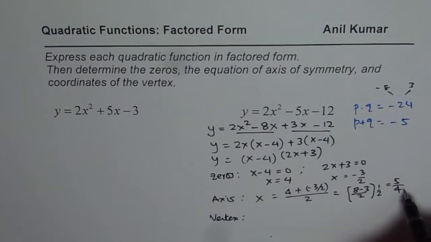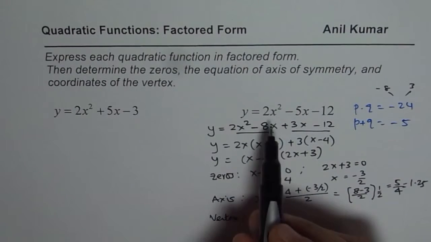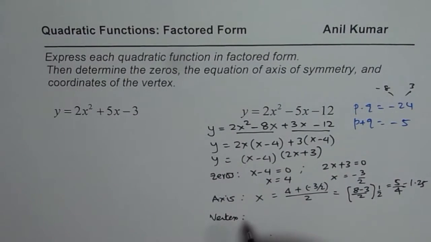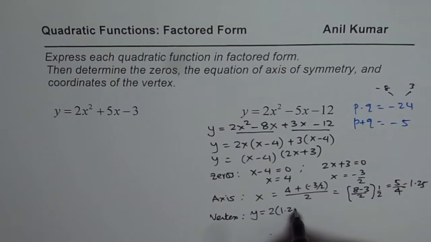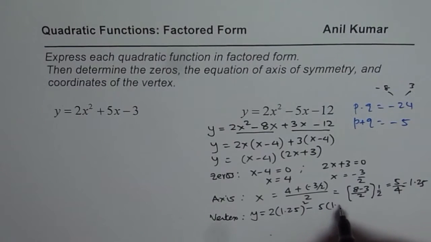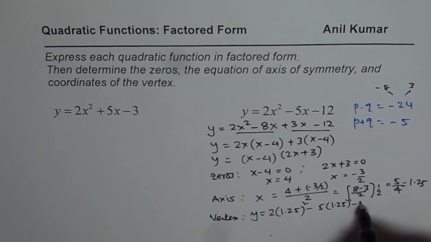So let's write this in decimal, it helps. I could write 5 over 4 as 1.25. So we'll substitute 1.25 here and find the value of y. So y equals 2 times 1.25 squared minus 5 times 1.25 minus 12.